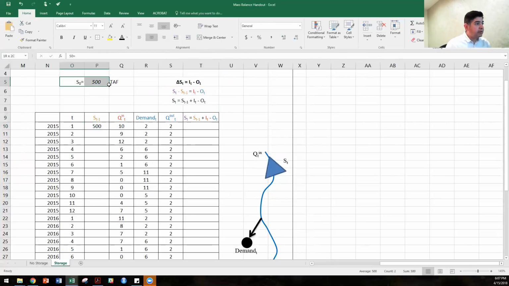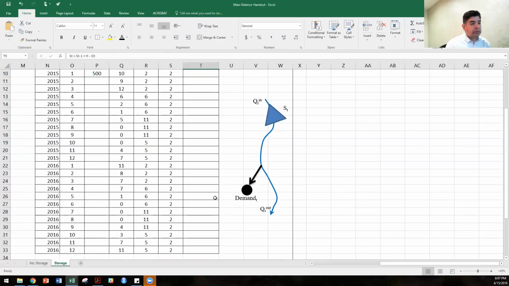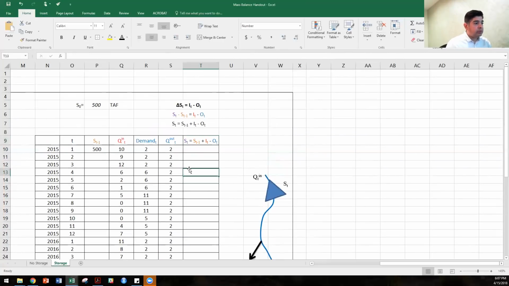We proposed it 500,000 acre feet. We know what are the inflows. We have the time series data for this water coming into the reservoir. And we know what are the demands, how much water is requested to be released from the reservoir.